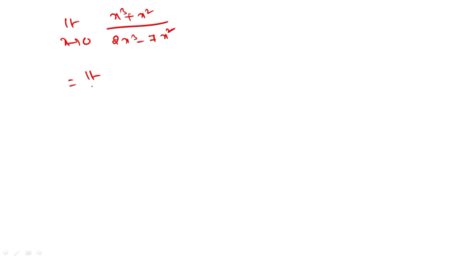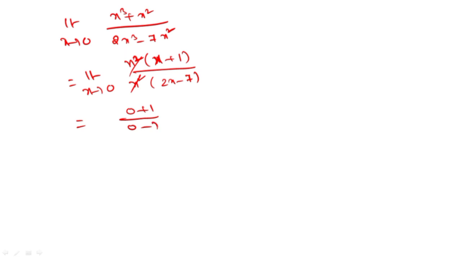So we take common the lowest power: x square taken common, x plus 1 over 2x minus 7. Substitute 0: 0 plus 1 by 0 minus 7, that is minus 1 by 7.